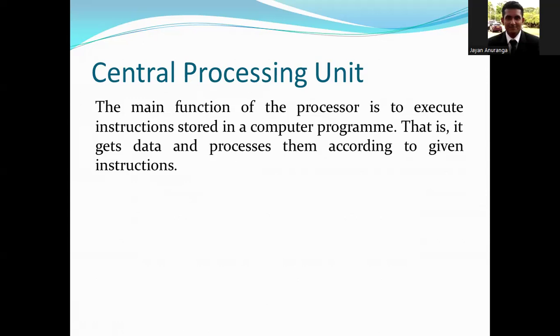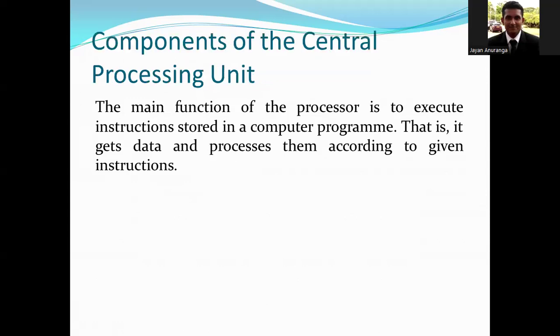Then we use software. Software is a collection of instructions that execute inside the computer, and those instructions are executed by the CPU. The main function of the processor is to execute instructions stored in a computer program.